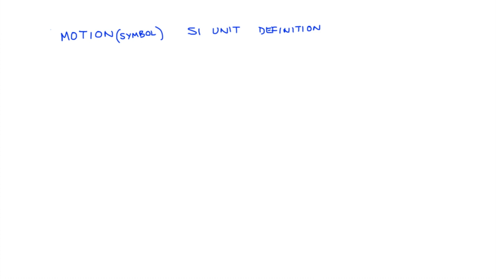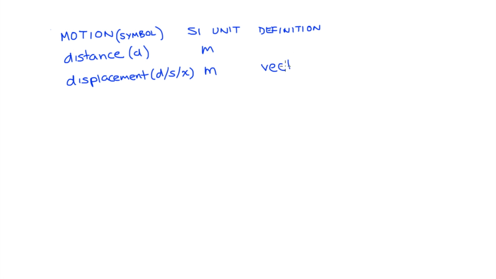All that for nothing. Alright, so let's summarize what we've just learned. Distance is measured in meters, and you'll sometimes see it referenced as a little d. Displacement can be represented by d or an s or even an x. It is also measured in meters, but the definition would be the vector distance.